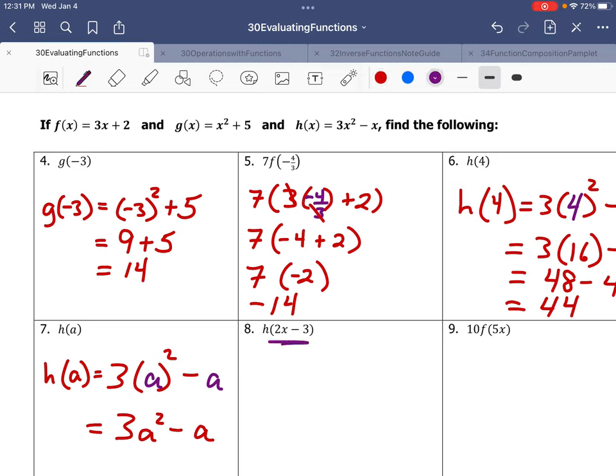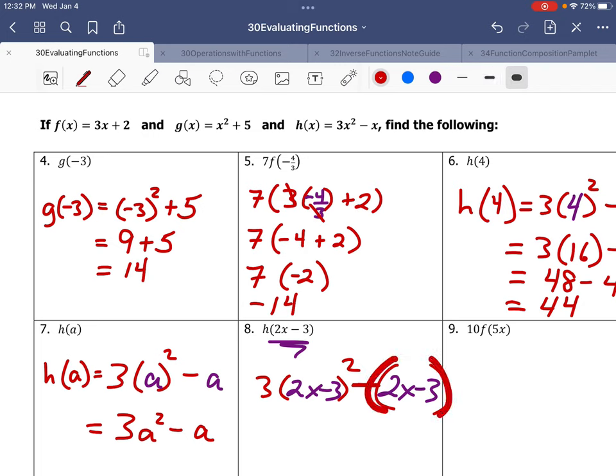But if you plug in something like 2x minus 3, now something's going to happen, because I'm going to put a 2x minus 3 into the x position. Now, when I put that in, I need to be sensitive to the fact that it's going to get squared, but I also need to be sensitive to the fact that there's a subtraction sign, and this subtraction sign is actually in front of the entire quantity. Parentheses. I need these parentheses to make sure that subtraction sign is applied correctly.